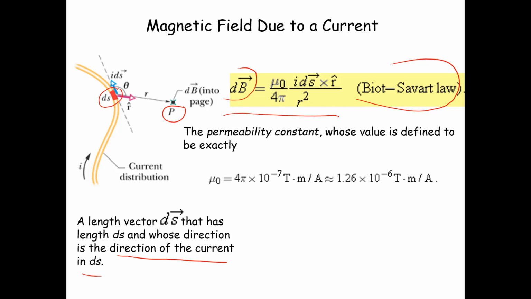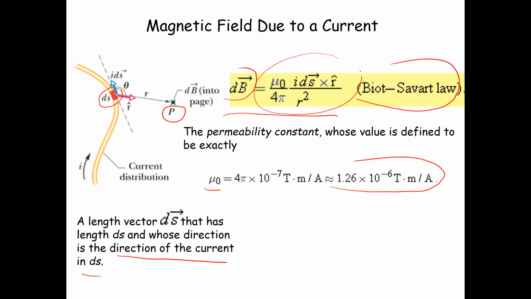The permeability constant has a defined value: mu 0 is 4 pi times 10 to the minus 7 Tesla meter per ampere, or 1.26 times 10 to the minus 6 Tesla meter per ampere. So this is the permeability constant, and this is the Biot-Savart law.